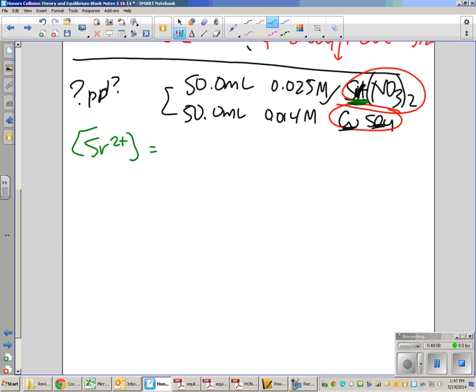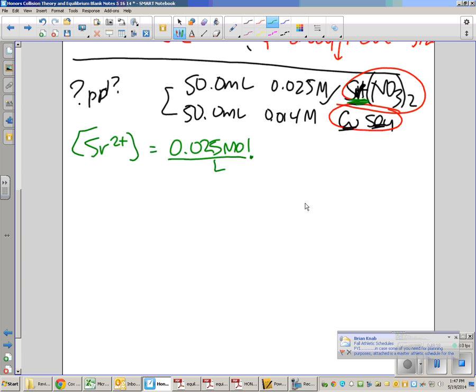M is 0.25 molar, moles per liter, times my volume, but I need to change that to liters. So what's that in liters? 0.05 liters, right? That's going to give me moles because my liters and my liters cancel.